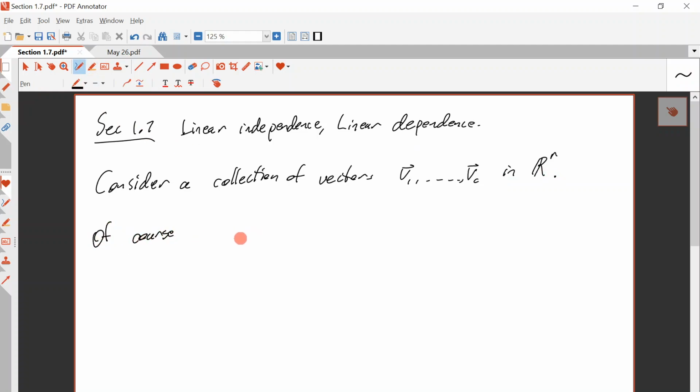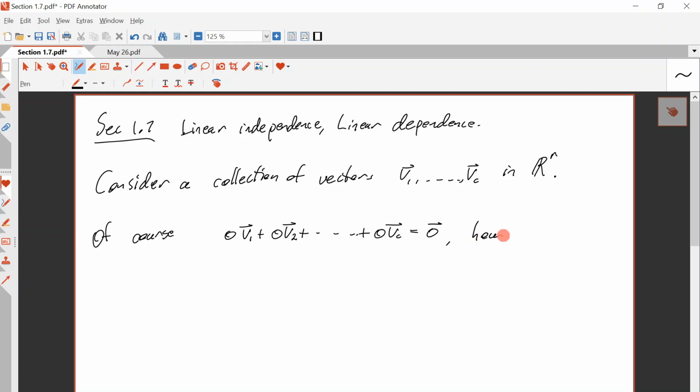So, of course, 0 times v1 plus 0 times v2 all the way up to 0 times vc is equal to the 0 vector, right?